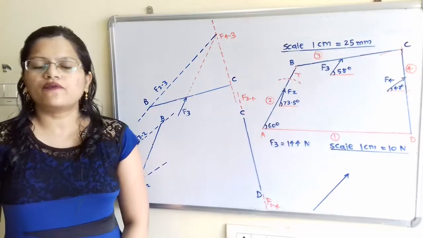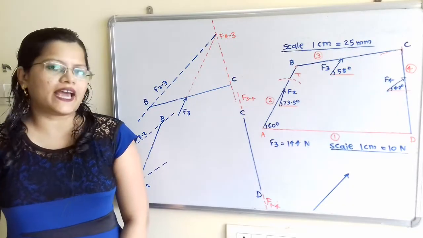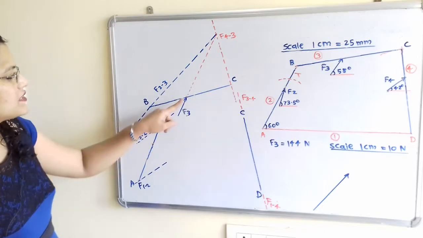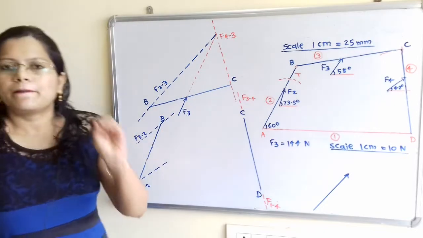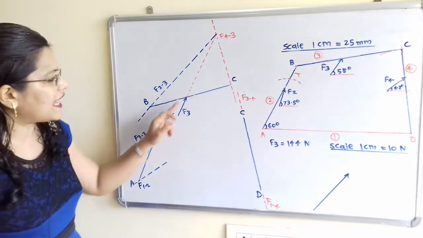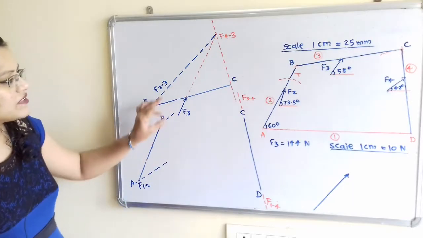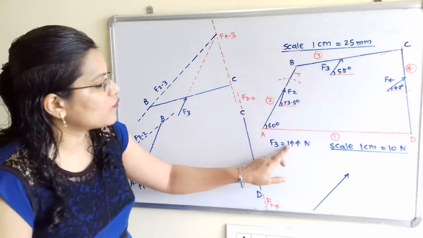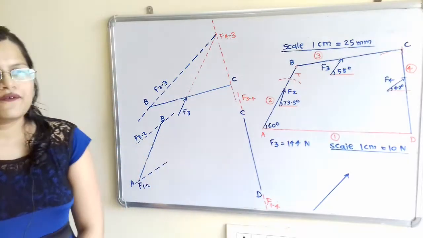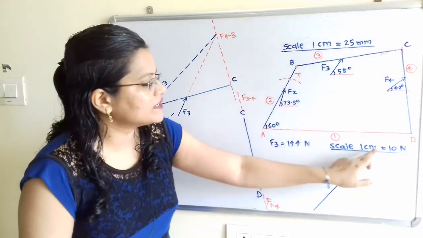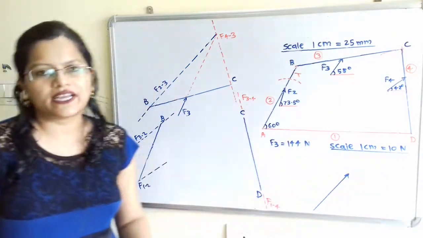So how to find out the magnitude and direction? If we observe for this member BC, force F3, magnitude is known as well as direction. So we will consider this force F3, which is equal to 144 Newton. We will take a suitable scale, 1 centimeter is equal to 10 Newton.